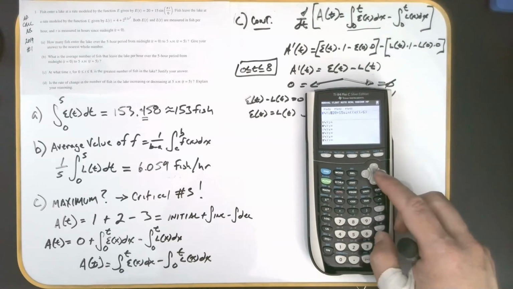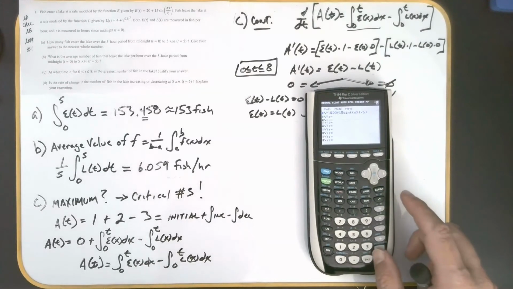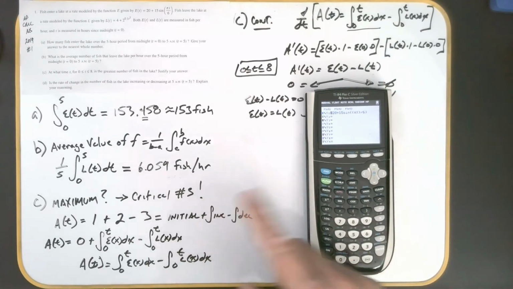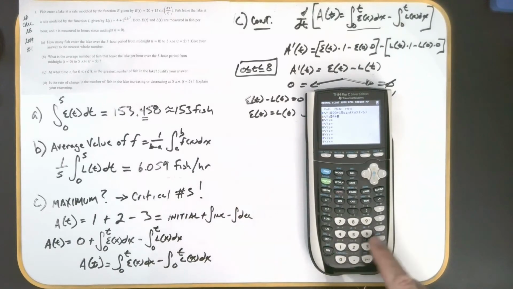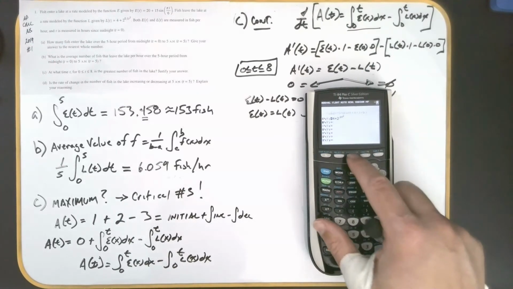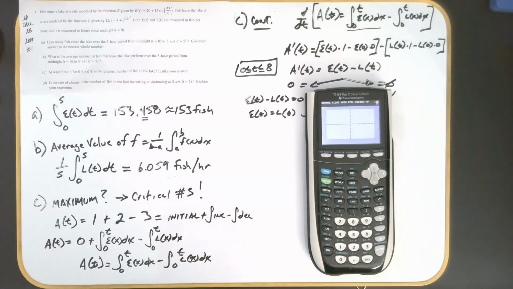And then the second function is 4 plus 2, and the exponent of 2 is 0.1x squared. Okay? And then we'll just go zoom standard and we'll see what happens.